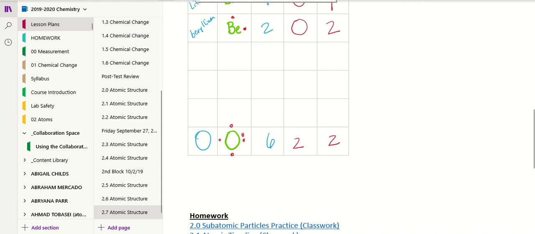Here's my 5th electron. There's my 6th electron. That gives me 2 paired electrons and 2 unpaired electrons. So I want you to finish up this table for the rest of period 2.